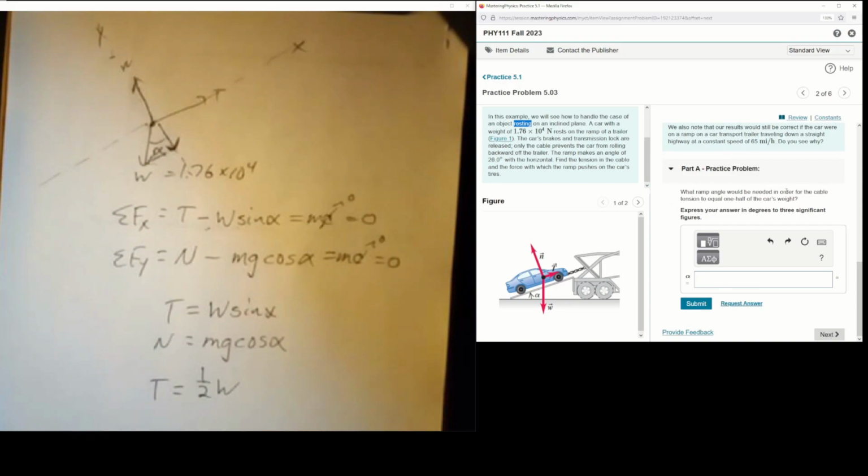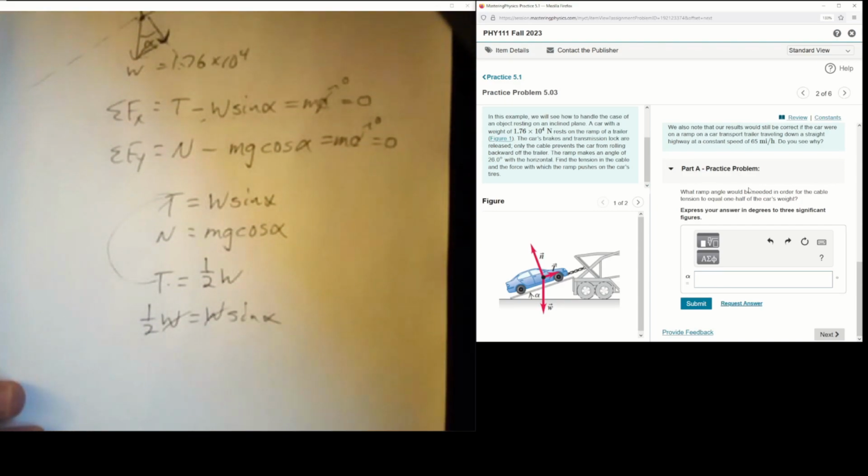So I'm taking the last part of the question here, turning it into math. Tension to equal 1/2 the car's weight. So there's our math equation from those words. And let's plug that in here. So we would have 1/2 weight equals weight sine alpha.